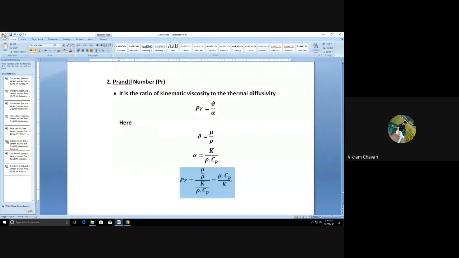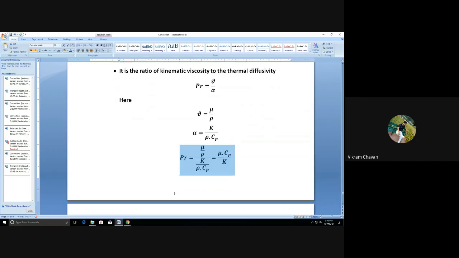Rho will be cancelled, Cp will be transferred to the numerator side, and we will get the Prandtl number formula as mu Cp divided by K.